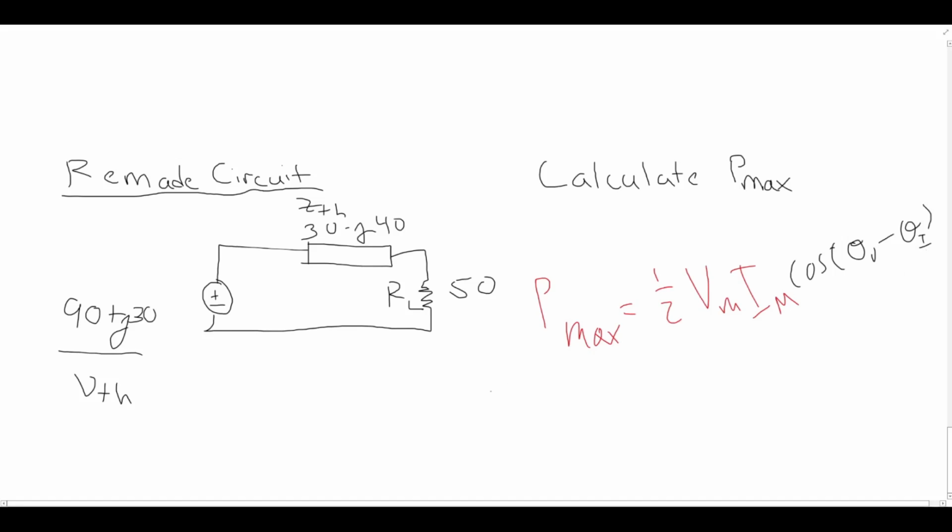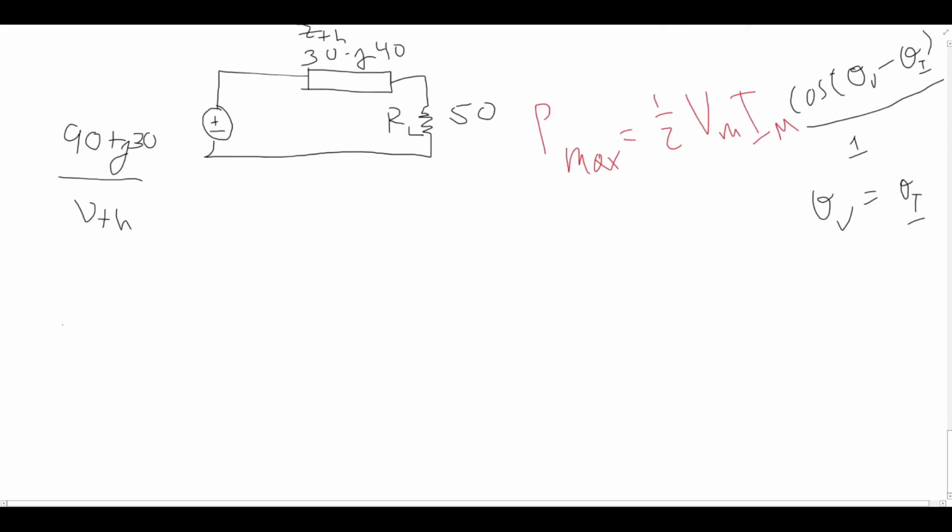But because we are finding the maximum average power, this is equal to 1 due to theta V equal to theta I. And so all we have to do is find P max, which is equal to 1/2 V max I max.